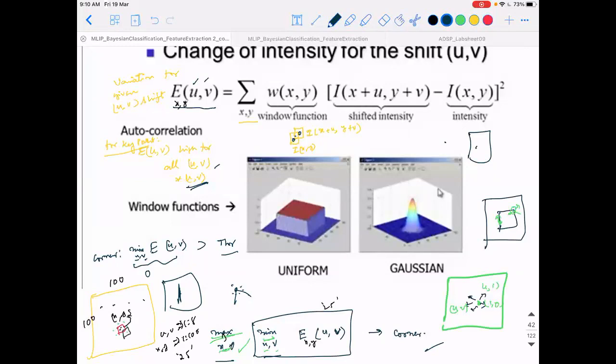And then I weigh by w(x, y). So all this operation needs 25 into 100 cross 100 into 8 operations. So it's roughly 10 power 6, 10 power 7 operations for a 100 cross 100 image to find corner points.